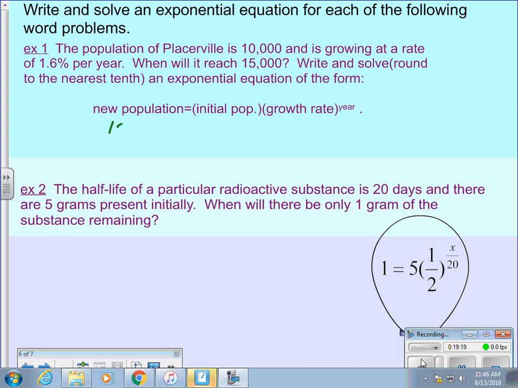So it's the new population 15,000 equals the initial population 10,000 times 1 plus the rate raised to t time. So let's see.